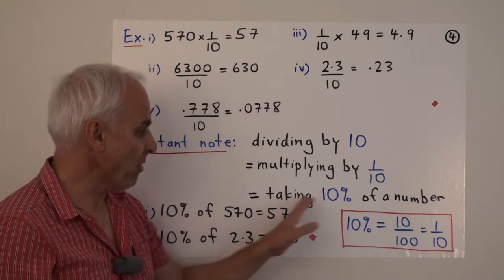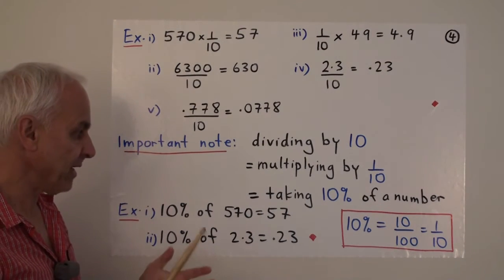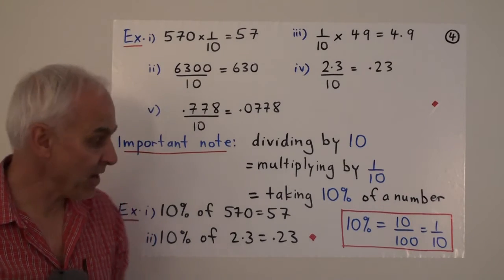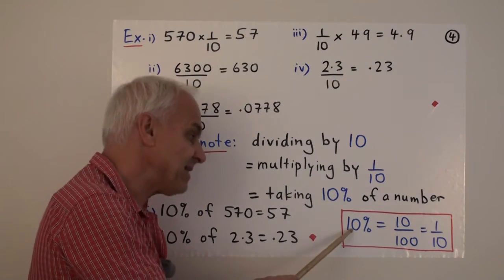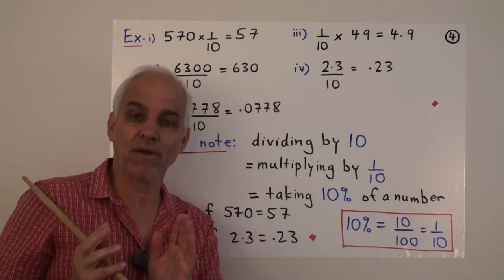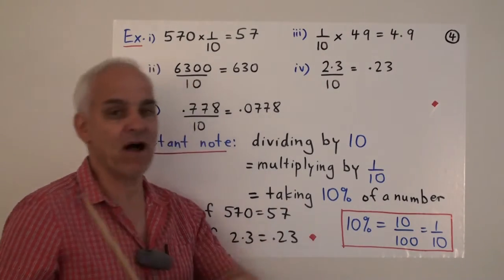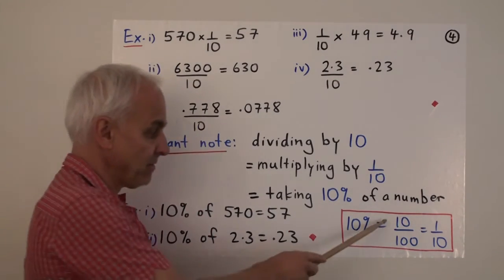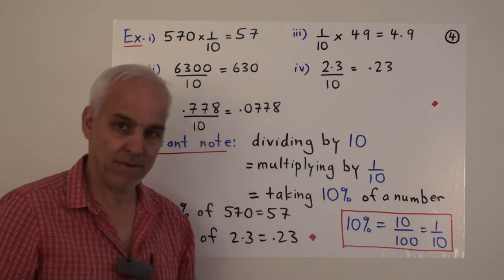We're going to talk more about percentages later on in this course, but I hope you're at least somewhat familiar with percentages. I hope you all remember that 10% means 10 per cent. Cent is Latin for 100. So 10% means 10 out of 100. 10% is 10 over 100, which is the same as 1/10.